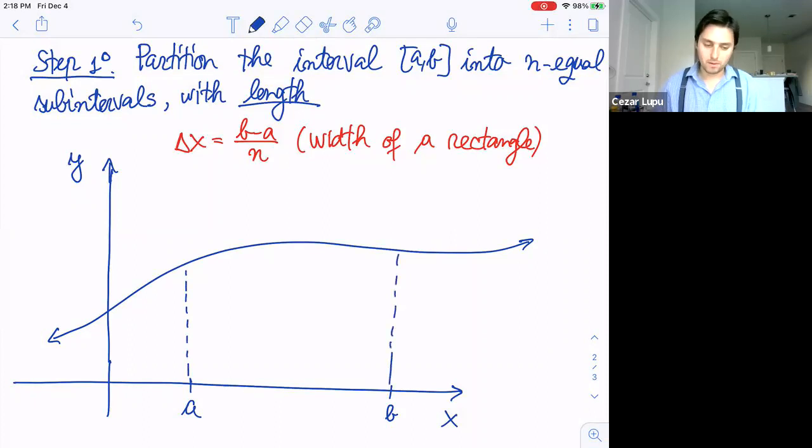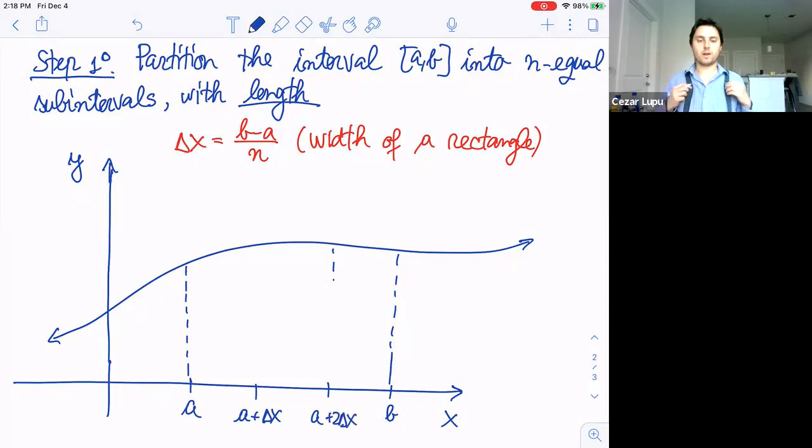Okay. And now, let's suppose I have here a value a plus delta x, right? And let's just suppose I have here another value, a plus 2 times delta x.